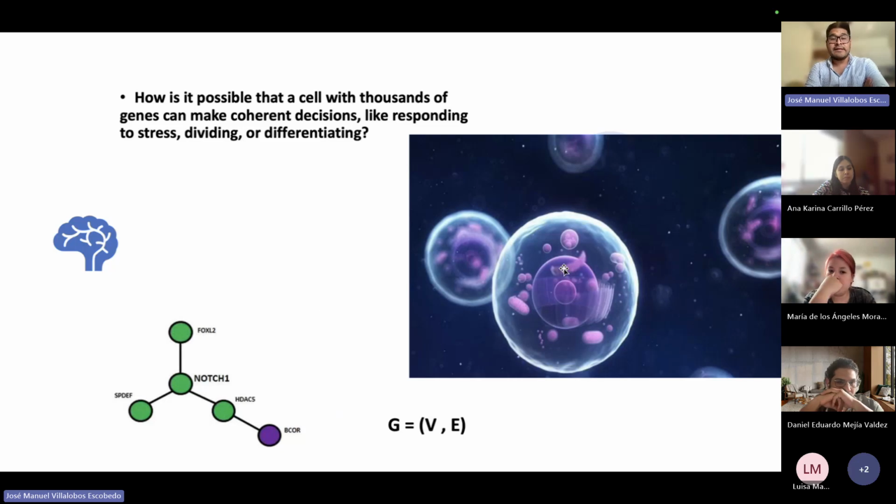So one question that we can ask ourselves is, how is it possible that a cell with thousands of genes can make decisions, like responding to stress, dividing or differentiating? How can it do that? Some comments from you? How can a cell, for example a bacterium, that is a single cell, do everything?